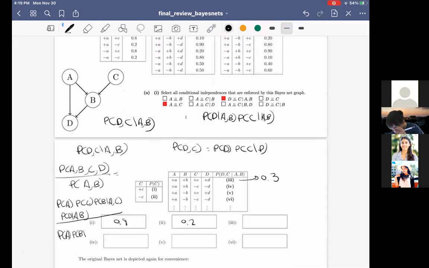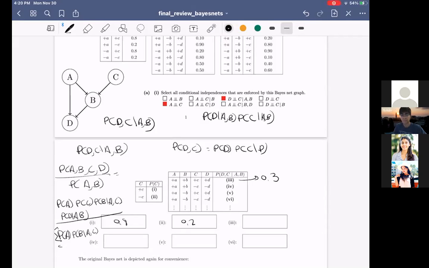Where'd you get the C in the denominator? Because C is B's parent. And then I cancel out the probability of A and probability of B given AC, and the only two things remaining are probability of C times probability of D given AB, but it's different from what you have, probability of D given AB times probability of C given ABD.